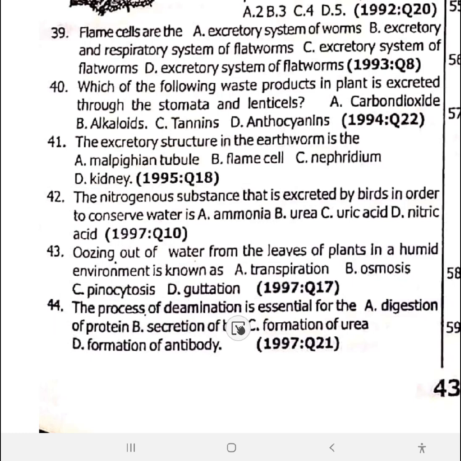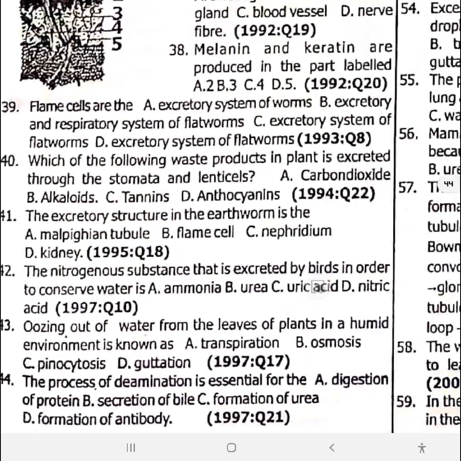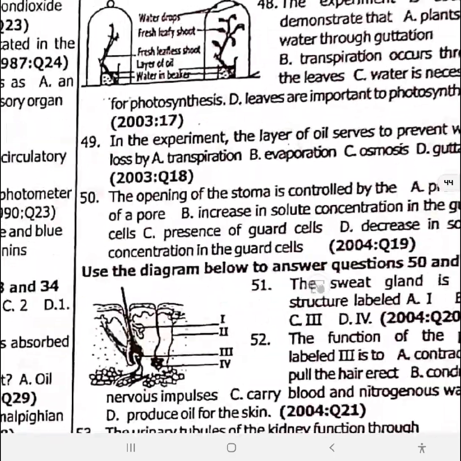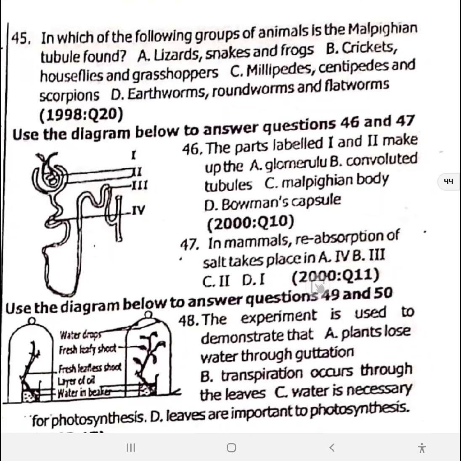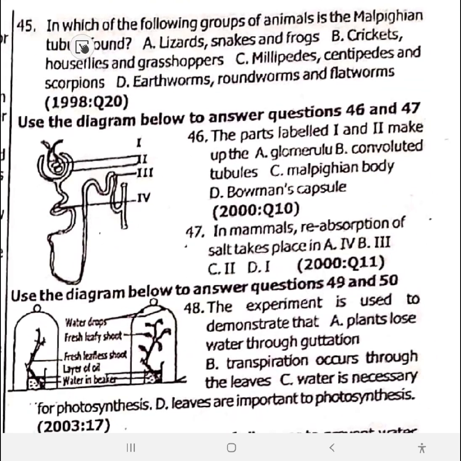44. The process of deamination is essential for the formation of urea. Deamination is DEAMINATION. Deamination is the removal of the amino group from the molecule of excess amino acid in the body. That's it. Might not make sense to you now, no problem. Just keep it like that for your notes. 45.